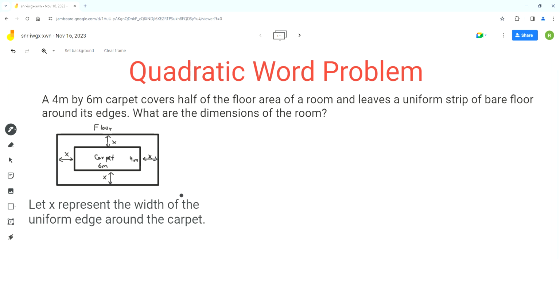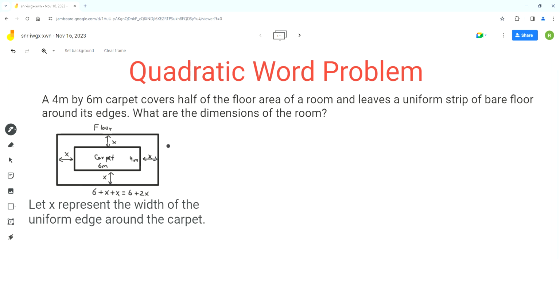Now if we have to write the dimensions of the floor in terms of the variable x, then we know that the length of the floor will be equal to 6 plus x plus x, which is equal to 6 plus 2x, because we are adding x to this side of the length of the carpet and x to this side to get the length of the floor.